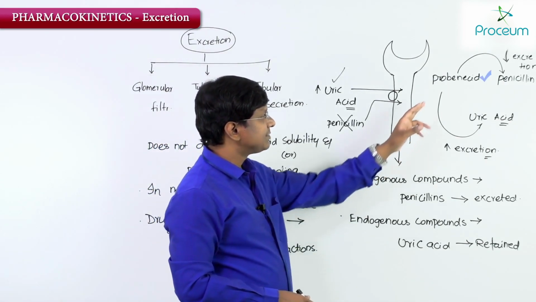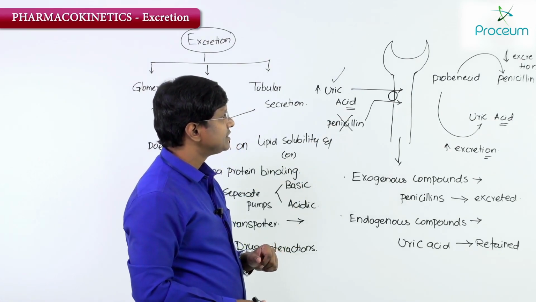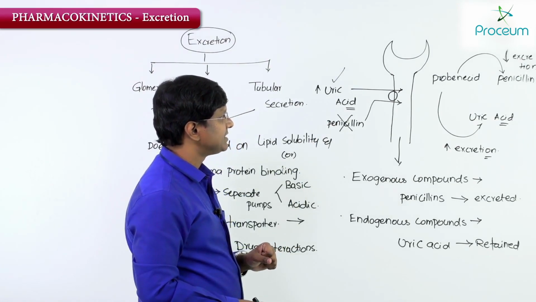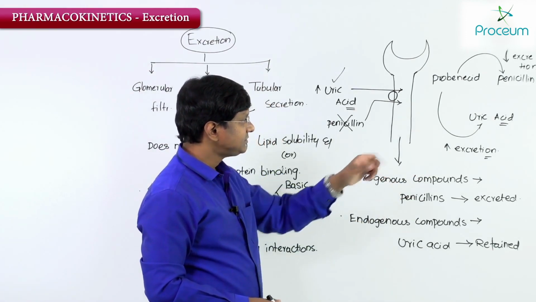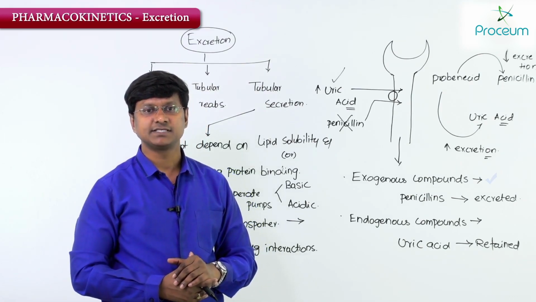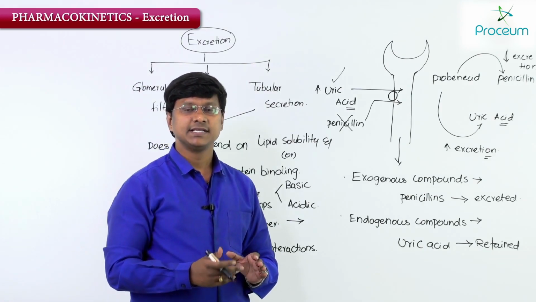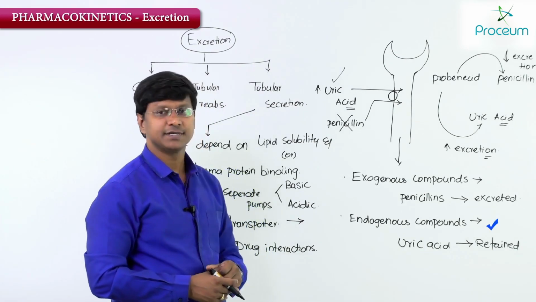The example is probenecid, penicillin and uric acid. Probenecid will decrease the excretion of penicillin, whereas it will increase the excretion of uric acid. So remember, exogenous substances like penicillins are removed, whereas endogenous substances like uric acid are retained by this particular pump.